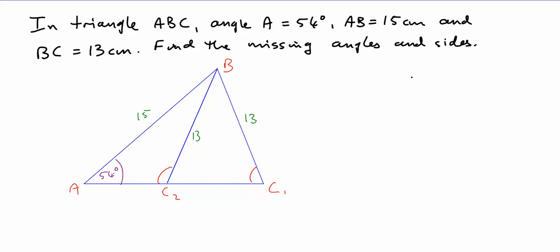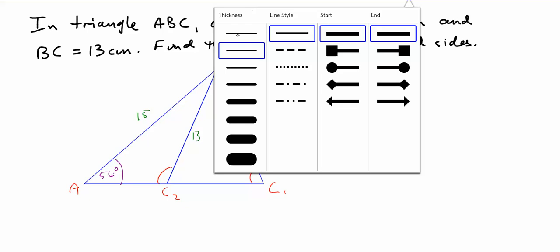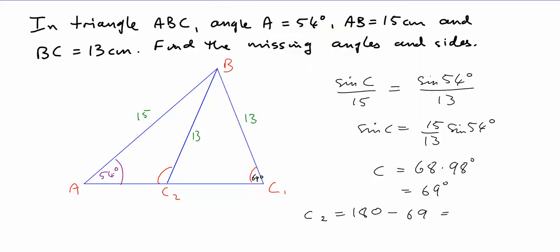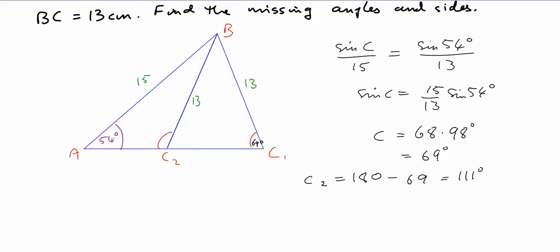So applying the sine rule, two possible values for B. B could be 180 minus 54 minus 111, which is 15 degrees.